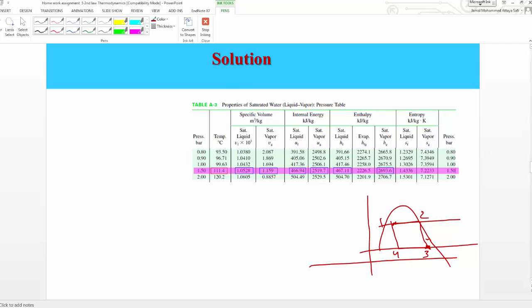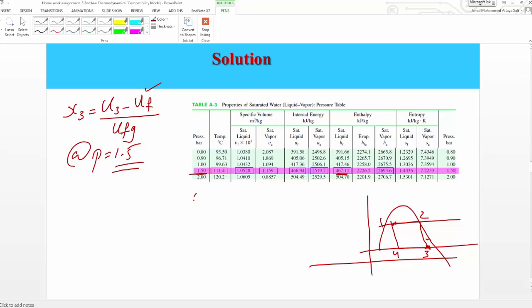And to find x3, we know that x3 is equal to u3 minus uf divided by ufg, and everything here at p equal 1.5. So I go here, this is a table, and I read uf, so I put it here, and then I read ufg. It's not here, but ufg is actually ug minus uf, and this is ug here.